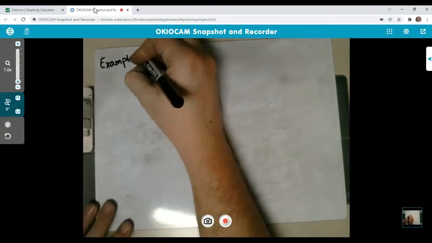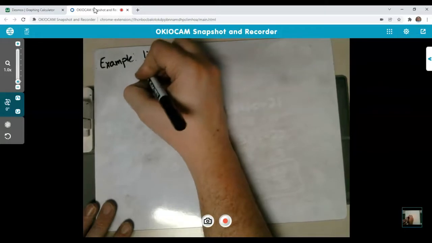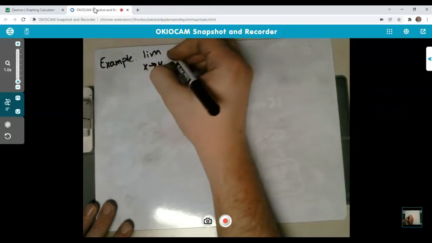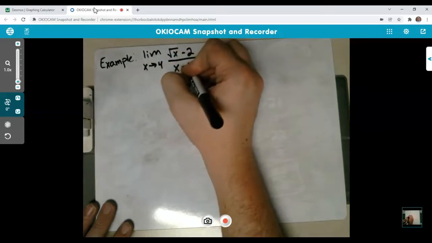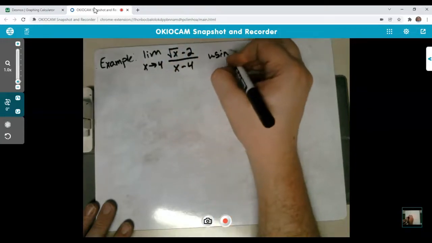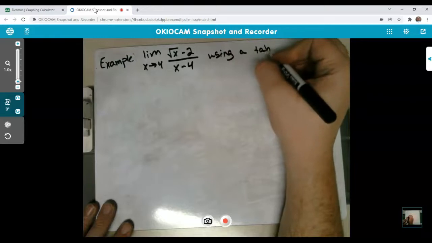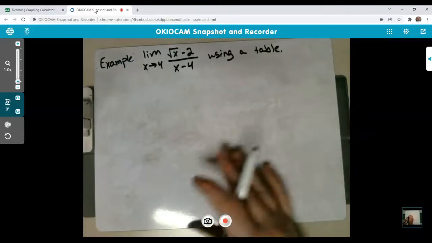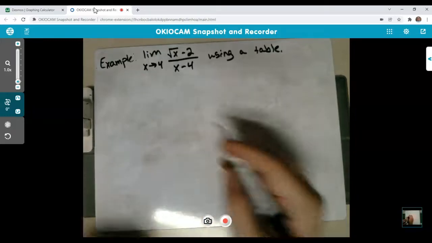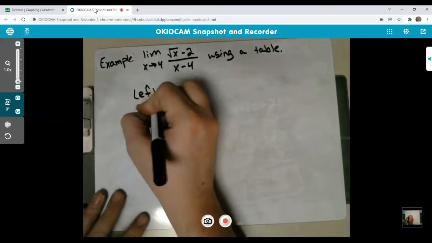Let's find the limit as x approaches 4 of the square root of x minus 2 over x minus 4 using a table. So again, what this means is I want to plug in stuff that gets really close to 4. I need to do that on the left side.